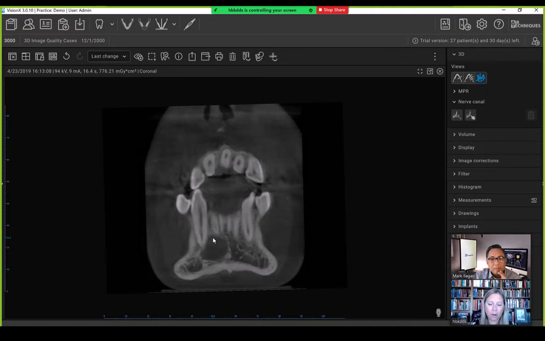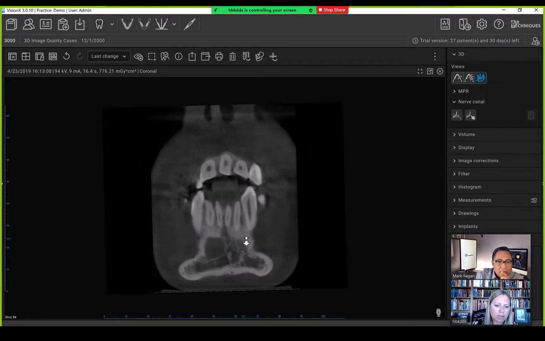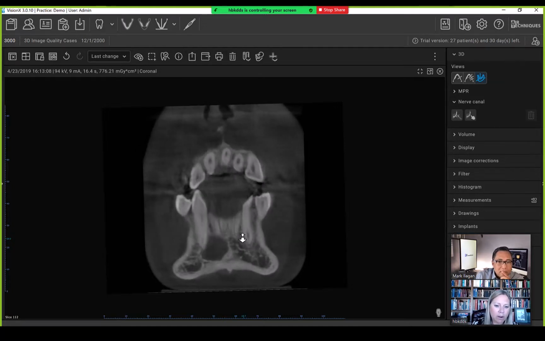But this has actually a nice delicate margin to it, so not necessarily that thick cortical border we would see with a cyst. So it might tell us we have something else going on there. And then we want to look at the teeth. Of course we definitely have 26 and 27 that are in it, but we don't have any root resorption.